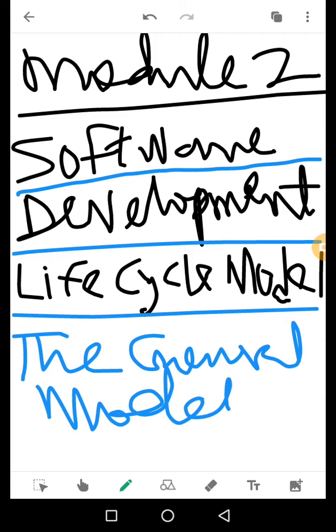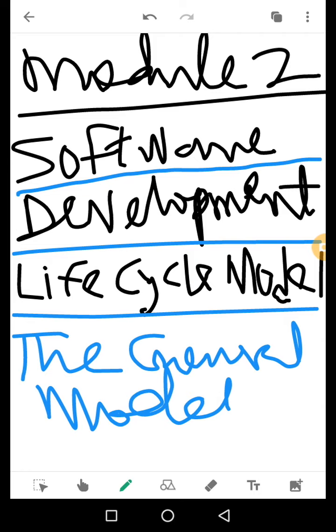So for the general model, phases overlap. That is, the second stage starts before the completion of the first stage.